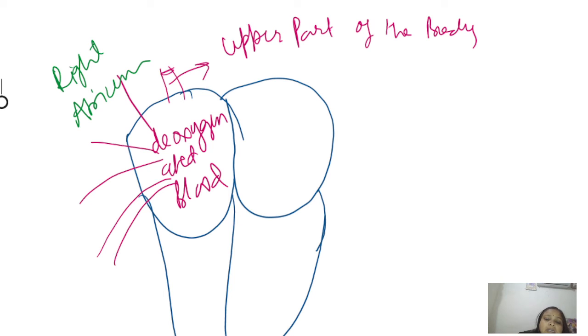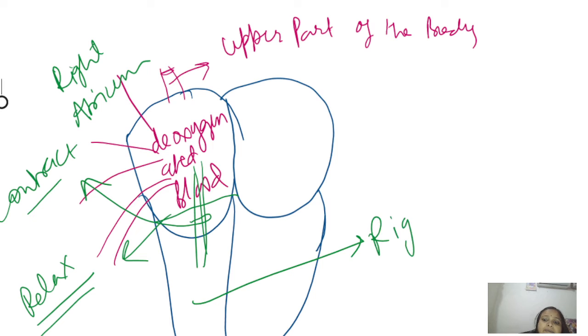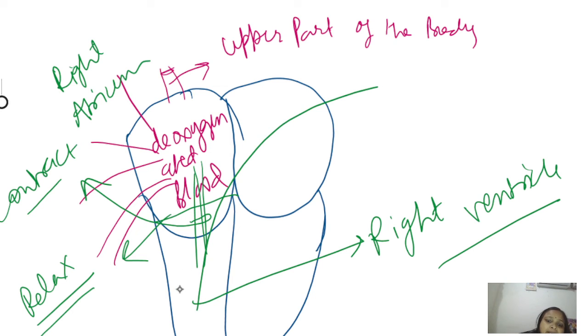Okay. Now, when the blood comes into the right atrium, it is in the relaxed position. After filling, the right atrium contracts, and the blood goes into the right ventricle.